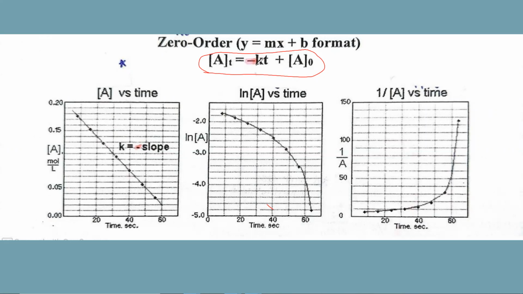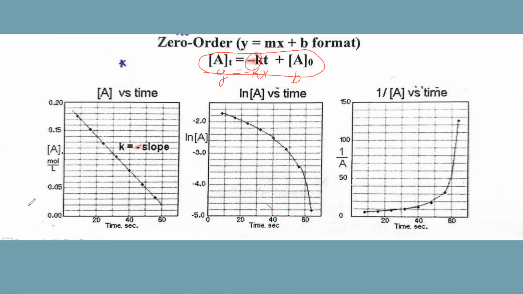Now, you'll notice that A sub t is y, m is represented by negative k, x is represented by t, and then that A sub 0 is going to be our b. So what this means is that negative rate constant, that negative k, is actually our slope.